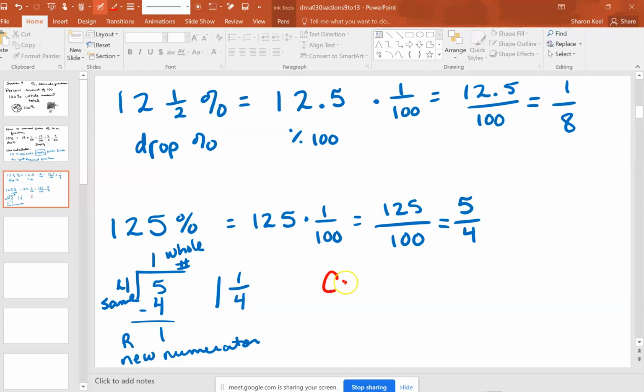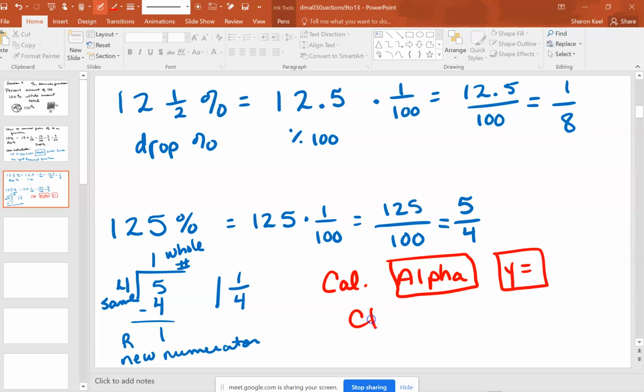So on the calculator, what I did was the 5/4 was already there. We pressed the buttons alpha, y equals, and then you choose number 3. And after you choose number 3, you press enter. And that gives you the 1 and 1/4, which is the same as if we did it longhand, which is what you would have covered back in DMA 20.